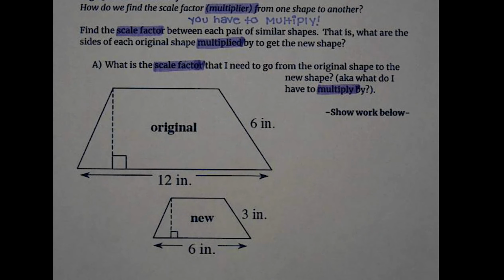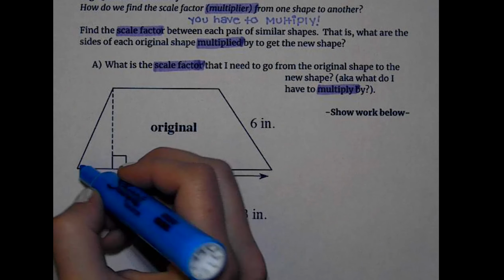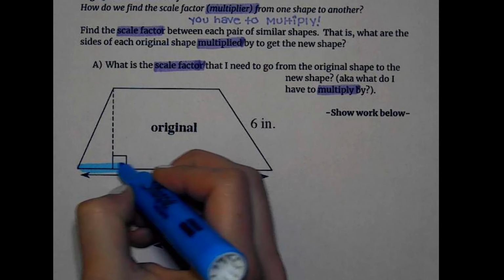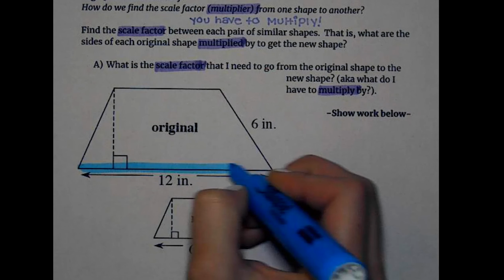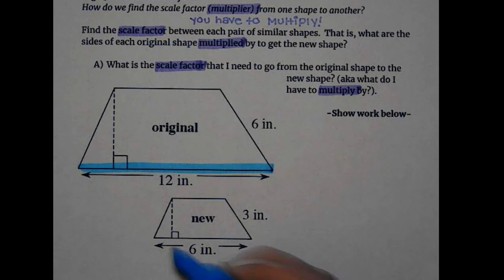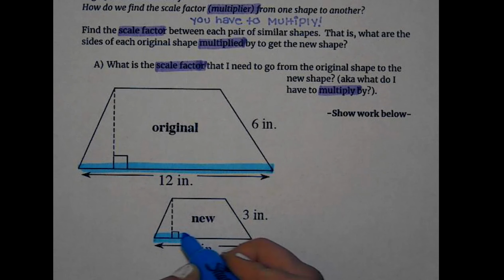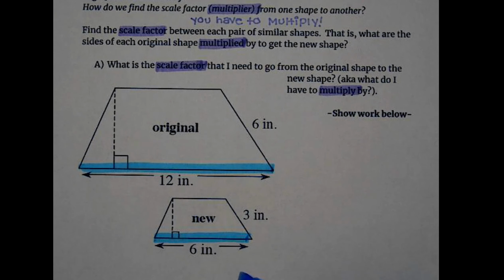multiply by? And when we look at our 2 shapes, the first thing that we want to do is identify corresponding side lengths. For example, this bottom piece that's 12 inches, its corresponding side length would also be the base of the new shape. Okay, so those 2 sides are corresponding, meaning they're matching.